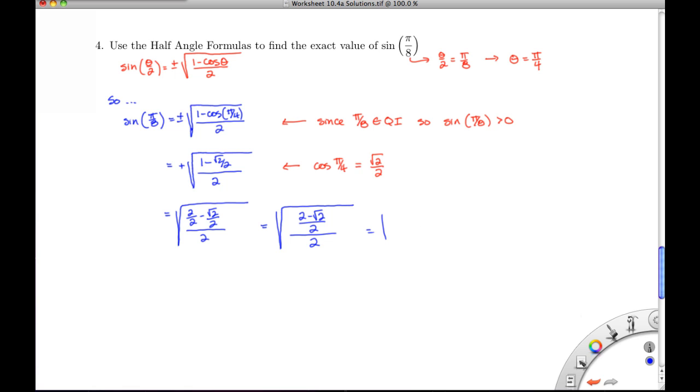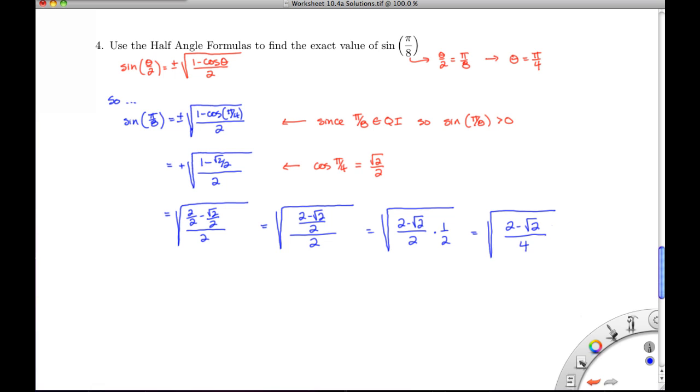Dividing by 2 is the same as multiplying by a half. So that's going to give us 2 minus the square root of 2 over 2, and since we were dividing by 2, we're going to multiply this by a half. And this gives us the positive square root of 2 minus the square root of 2 all over 4.